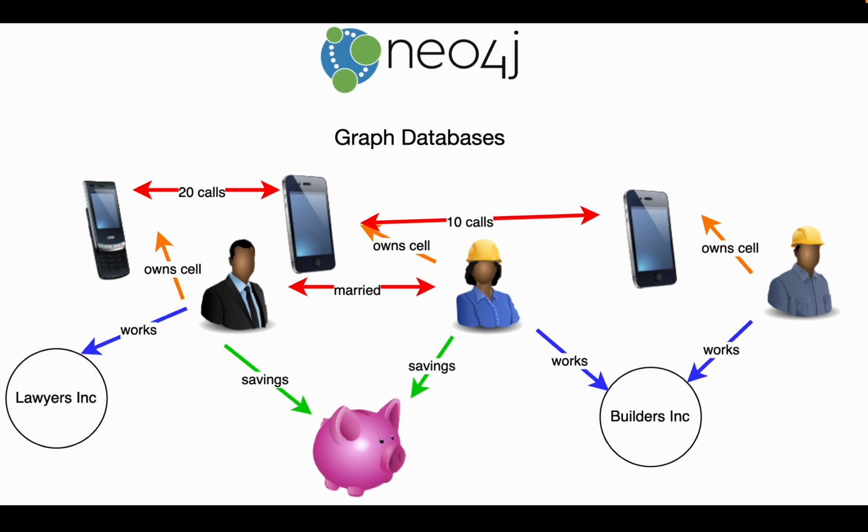And then you can do the clever stuff. You could guess they're married because they've got the same savings account, and you can see there's been 20 calls between their mobile phones. So that's consistent. Whereas the lady and the man who works in the builders, there's been 10 calls between them. We can establish that. Can we work out if they're work calls or whether they've got friends or a personal relationship?